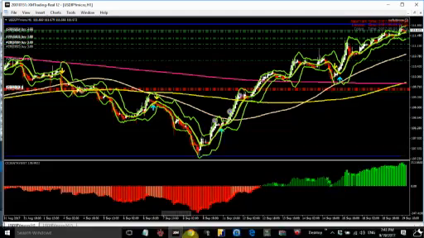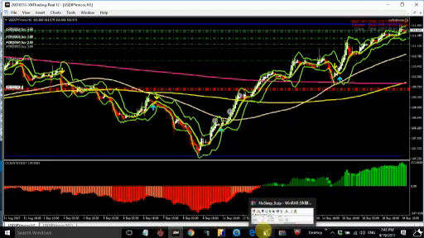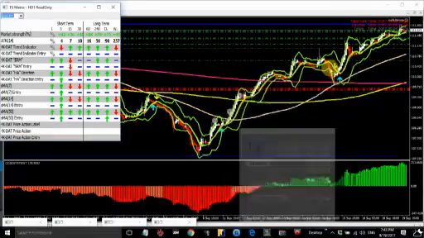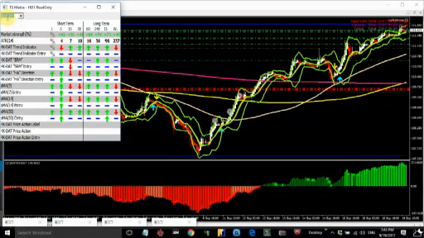Let me show you something that is also showing me the trend direction. From this point here, I can see the bigger chart, what is going on with the bigger chart. Daily is up, 4 hours up, 60 minutes it's up.